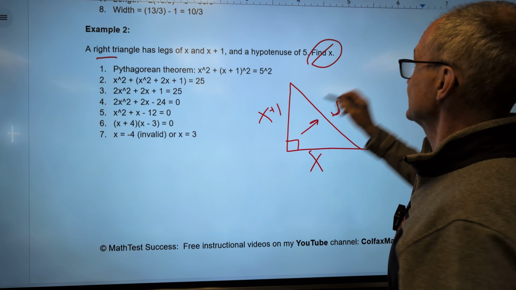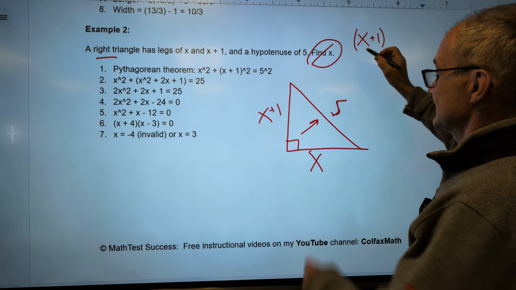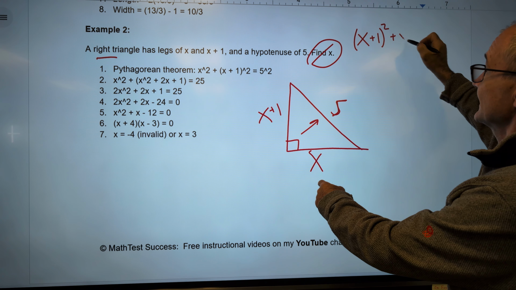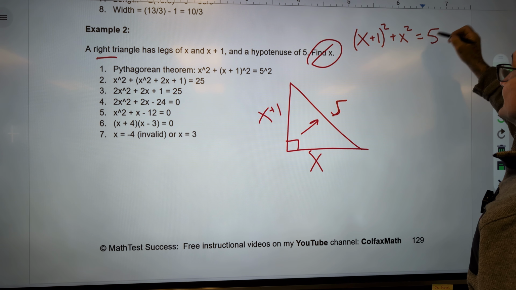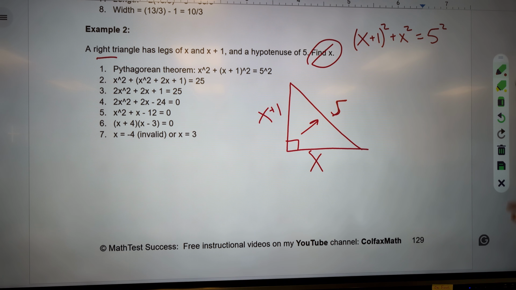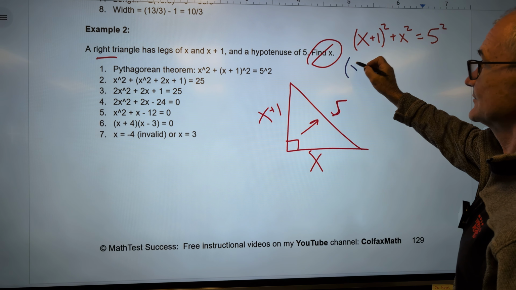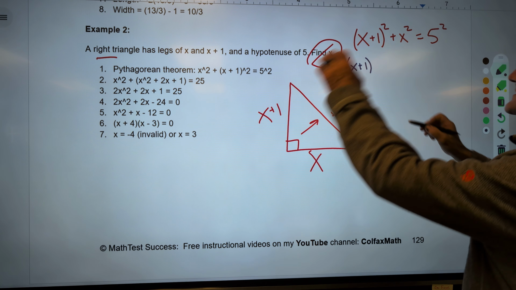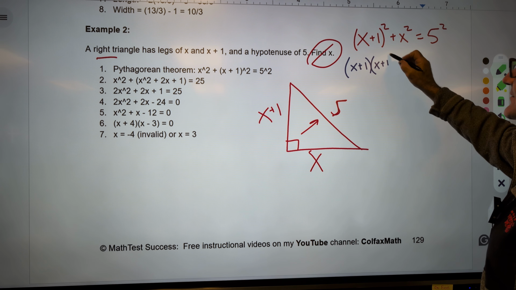I have one leg squared, x plus 1, plus the other leg squared, x squared, is equal to the hypotenuse squared. What I have to do right here is this is x plus 1 squared, which means x plus 1 times x plus 1.